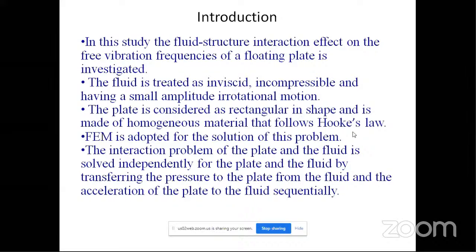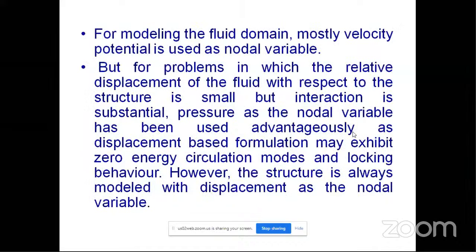Okay, so here the fluid domain, that is below that floating platform, which is basically a water body, maybe an ocean body. For the fluid domain, most researchers use the velocity potential.